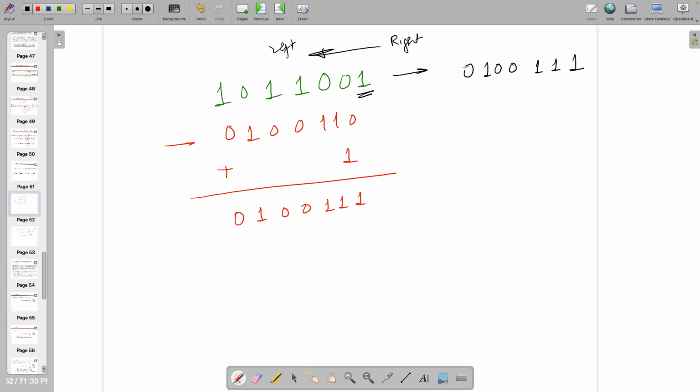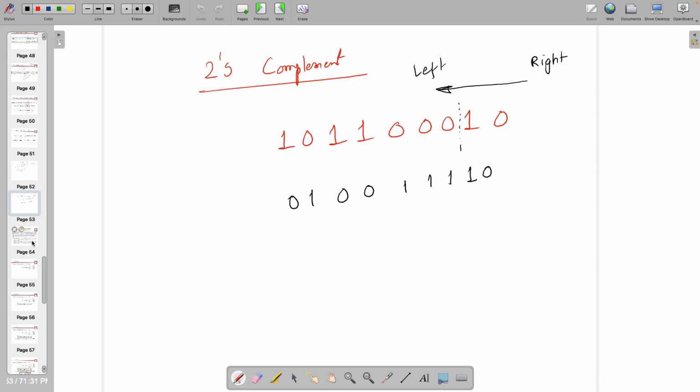It's quite fast, right? People use it in most places. But by the actual definition, you have to convert it to the 1's complement and then add 1. So whichever path you like, you can do that, and if you like the shortcut, this is the shortcut. You can reach it here.